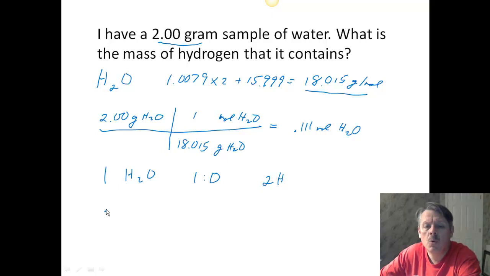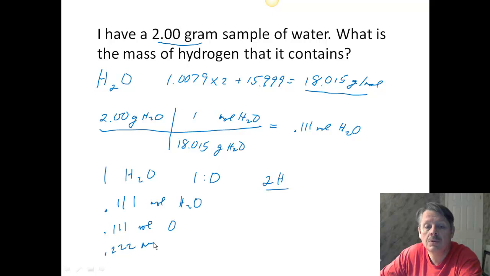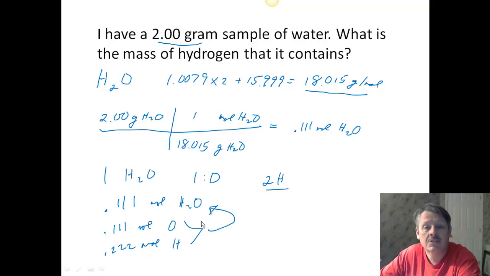So if I have 0.111 moles of water, that means I have 0.111 moles of oxygen. It also means I have twice that much hydrogen. So I have to have 0.222 moles of hydrogen and 0.111 moles of oxygen to make up 0.111 moles of water. Make sure you get that concept, because that's key.